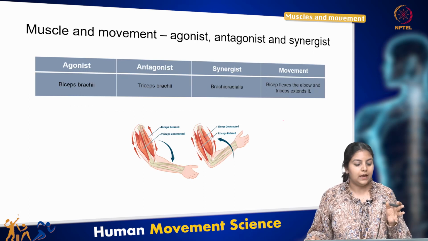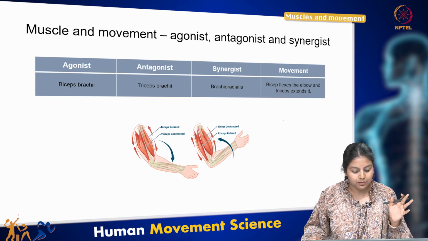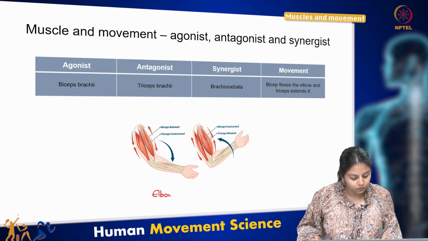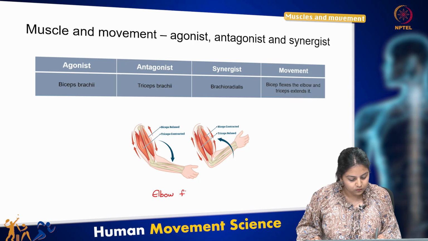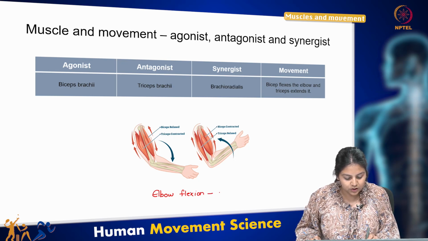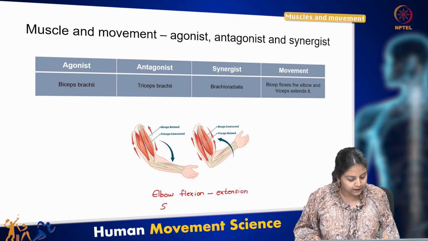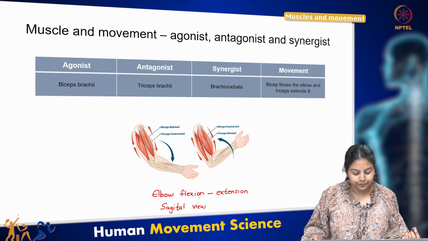So let's look at an example. The same previous example that we are looking at, elbow flexion, and what's the opposite of flexion? Extension. And we are looking at sagittal view, right?